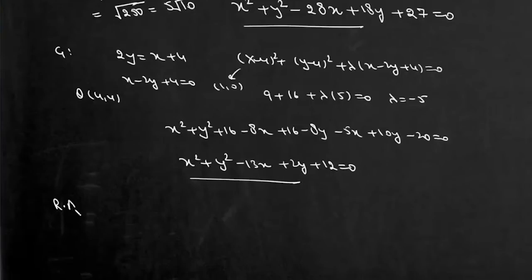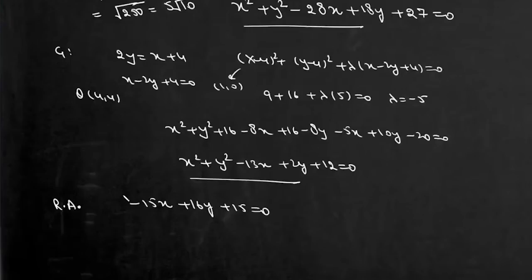chord, which is basically their radical axis. So it will be 28 minus 13, minus 15x, 18y minus 2y, plus 16y, and 27 minus 12 is 15.